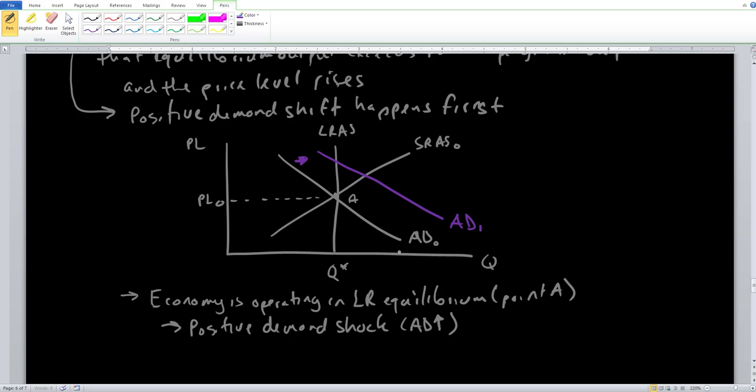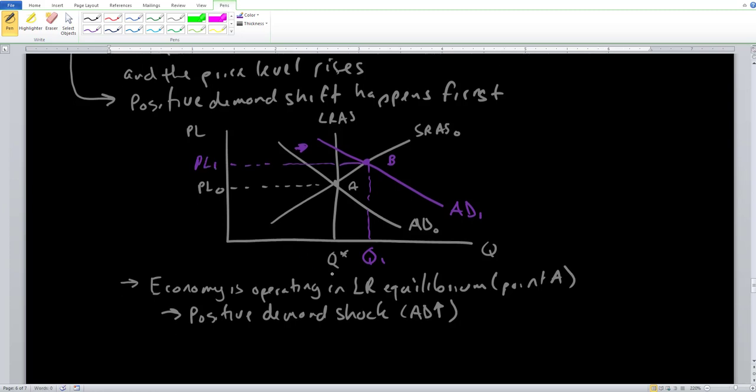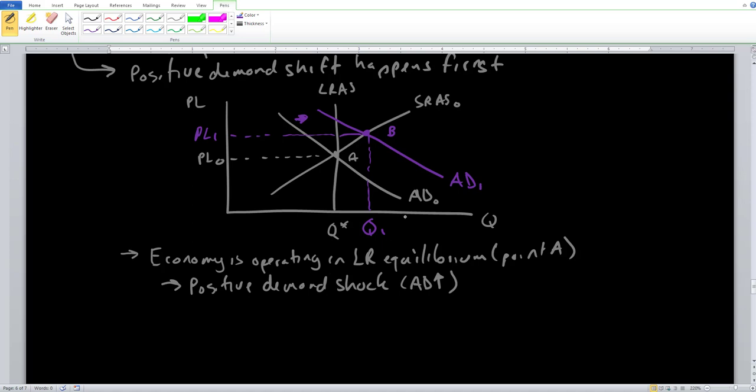So at AD1, our new intersection of AD1 and SRAS 0 is going to be at point B right here. And at point B, what do we notice? We notice that we have higher price levels, there's some type of inflation, and we also notice that our GDP level is higher than our full employment level. And in the short run, this is perfectly fine. So remember, anytime we're above Q star, the economy is in a boom, so the economy is overheating just a little bit.